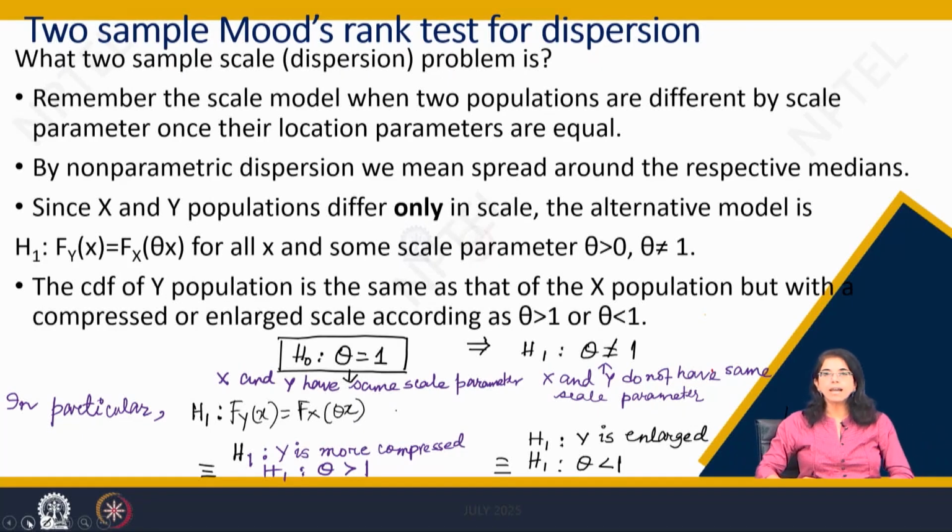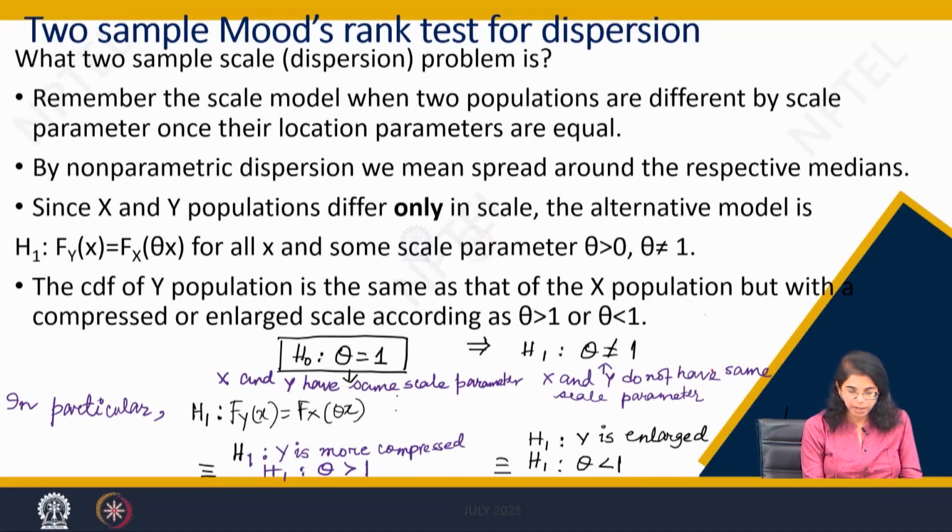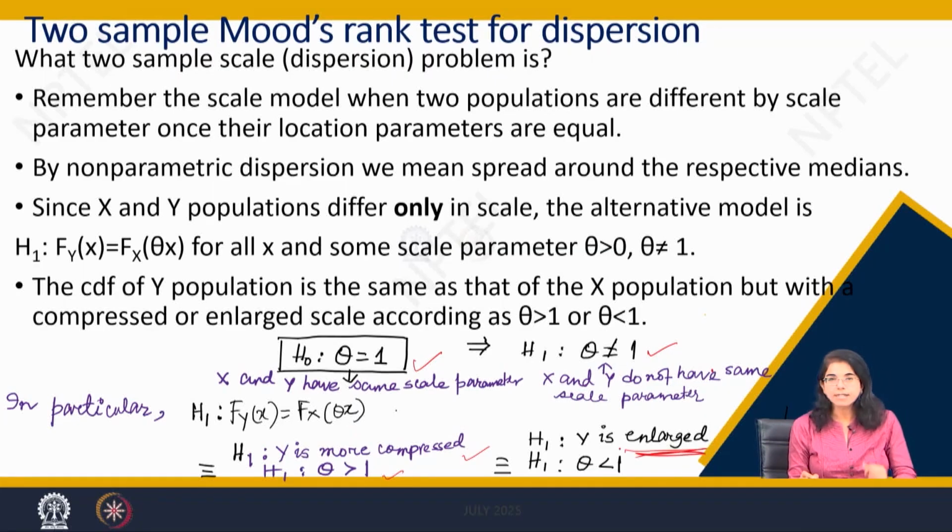So the null hypothesis, θ equal to 1, against the alternative hypothesis, θ not equal to 1. Of course, if you want to be more specific, you can make the alternative hypothesis one-sided, θ greater than 1. So in case you are taking F_Y(x) = F_X(θx), Y is more compressed, more squeezed if θ greater than 1 here, and Y is enlarged as compared with X if θ less than 1.